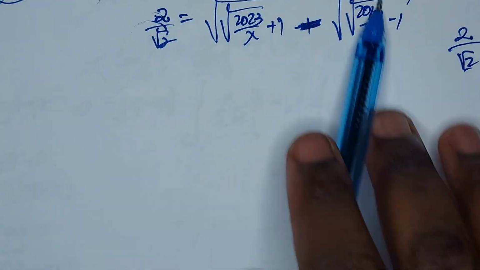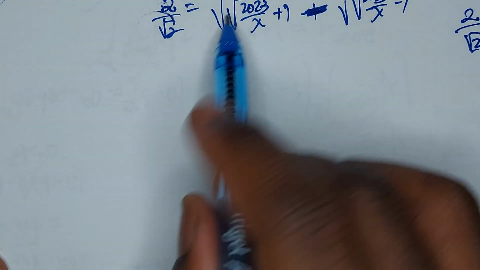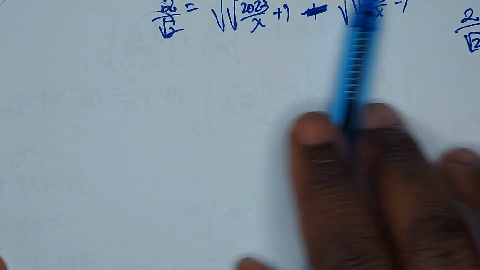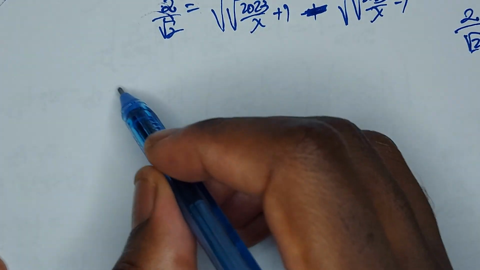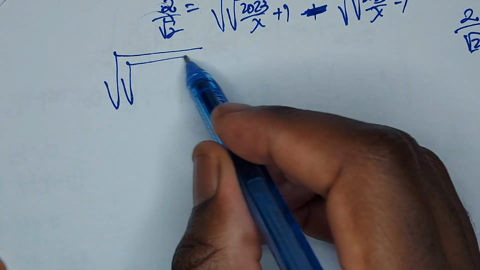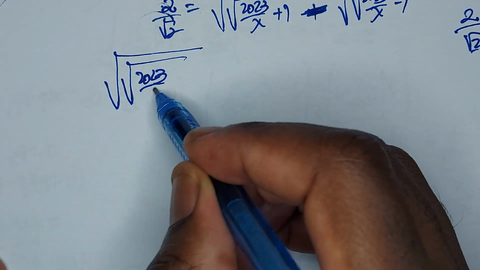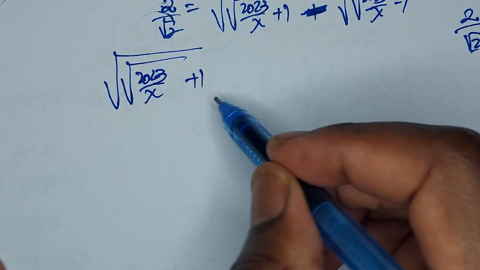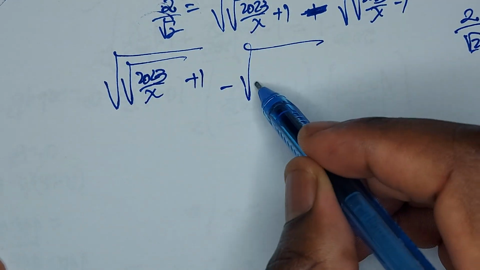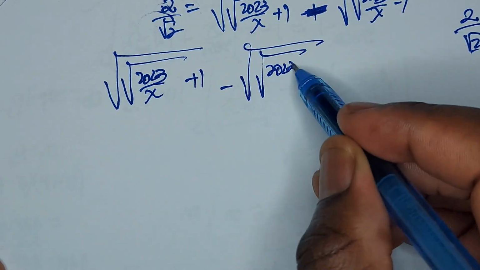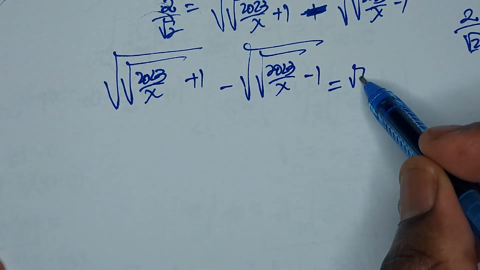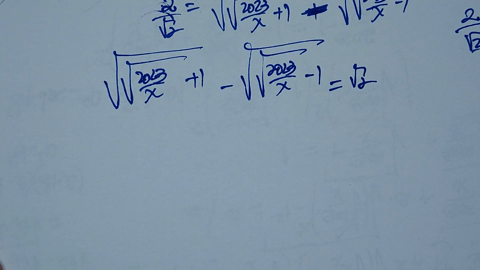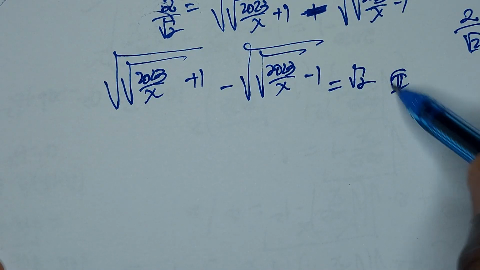So now we have that the square root of 2023 over x plus 1 minus the square root of 2023 over x minus 1 is equal to the square root of 2. So this is our second equation.